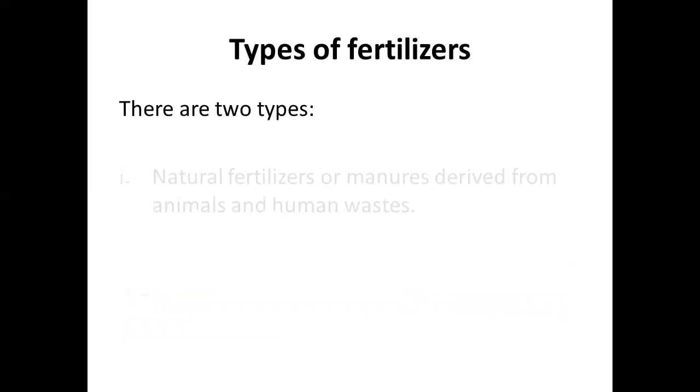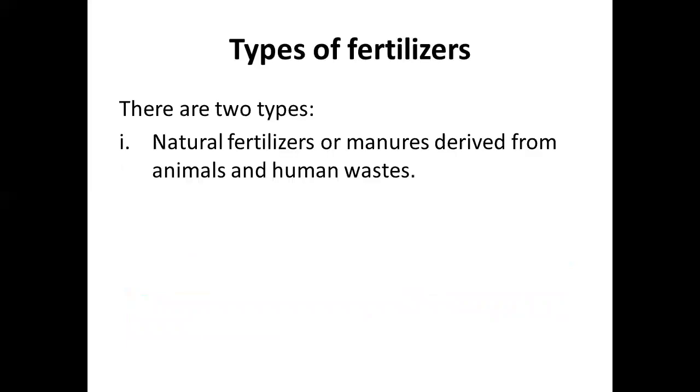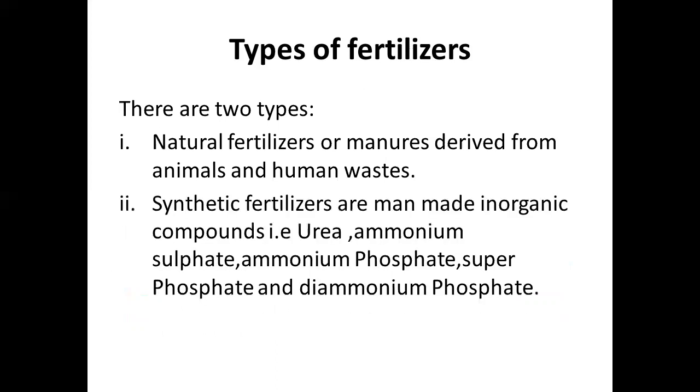Types of fertilizers. There are two types of fertilizers: natural fertilizers or manures derived from animals and human waste, and synthetic fertilizers, which are man-made inorganic compounds, for example, urea, ammonium sulfate, ammonium phosphate, superphosphate, and diammonium phosphate.